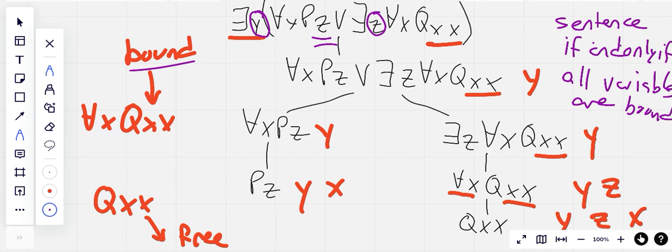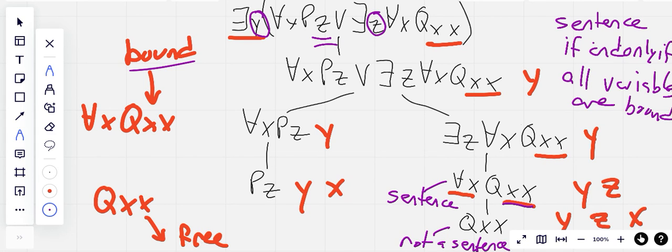So this here, these x's are not bound, as we talked about earlier. So we would say that this here is not a sentence. Here, when we go up a level, we quantify over the x's, and they're appearing in the formula, and there's no variables that are not bound, namely, there's no free variables here, so this would qualify as a sentence.